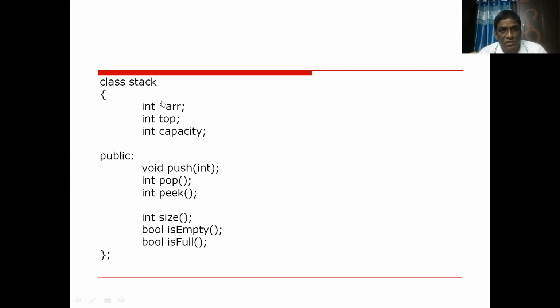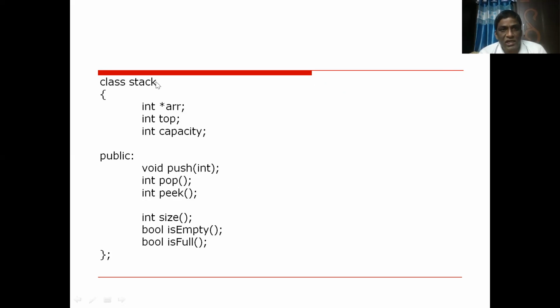There are three variables for storing the data, and there are six functions for representing the operations. You can observe that there are no implementation details of these operations. How this push operation is performed on the stack, there is no detail about it. How this pop operation is performed, there is no detail about it. Similarly, for all the other operations also, no implementation details are given.